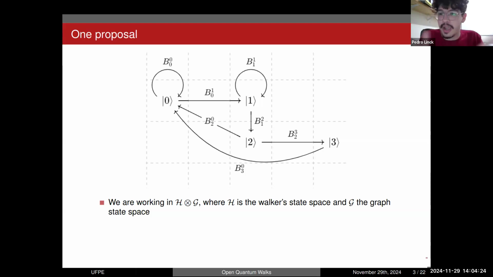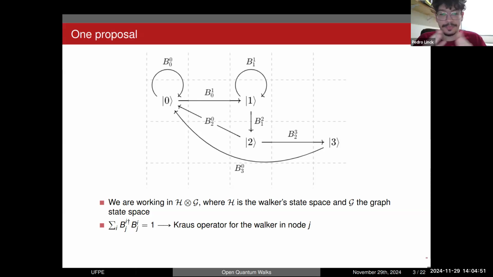You are moving through a graph, and you have a state space. So you move through the graph, and you change your state while you are doing this. The total space that you are dealing with is a tensor product of your state space and the state of the graph, the node where you are in the graph.